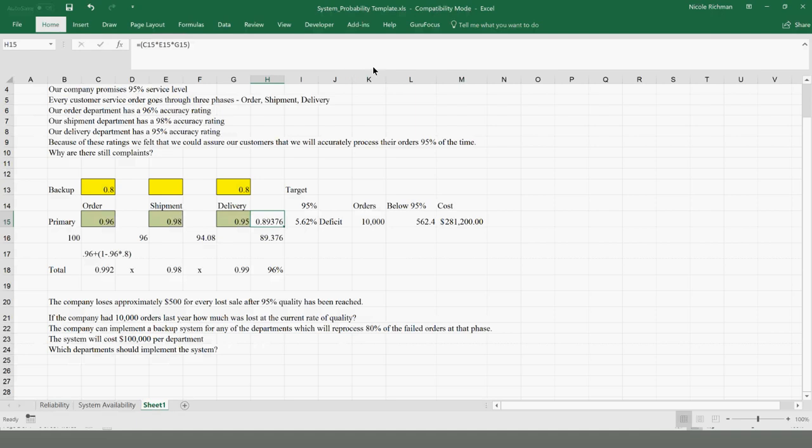So I hope this has helped you better understand system reliability and how easy it is for us to make an assumption based off of individual component level of reliability rather than the entire system level of reliability.